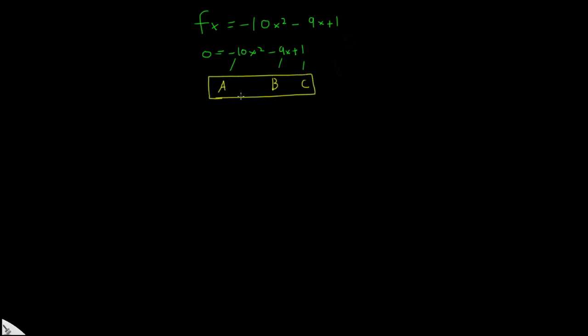Okay, so the formula is x is equal to negative b plus or minus square root of b squared, sorry, this should be capital, minus 4ac.